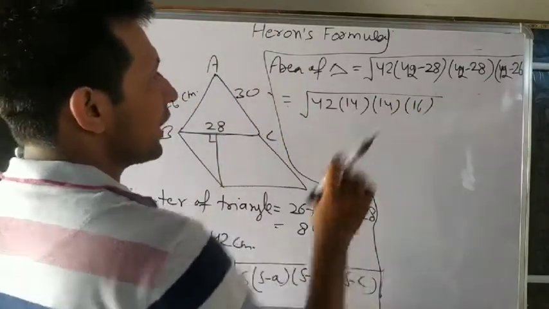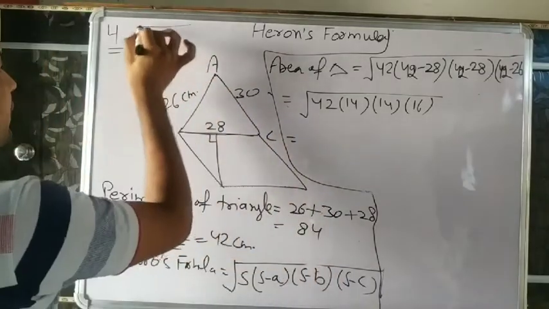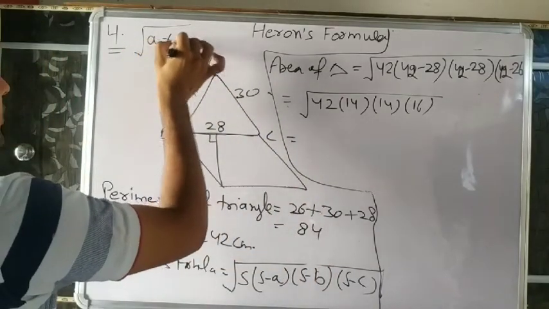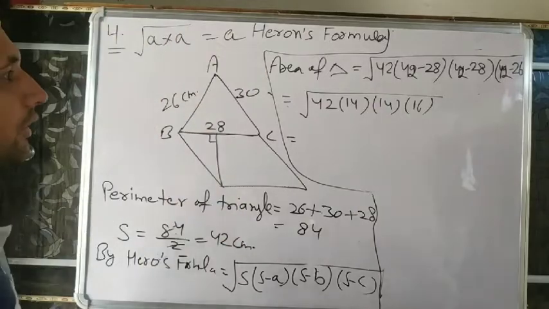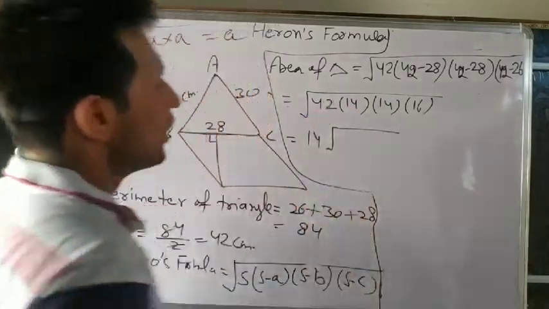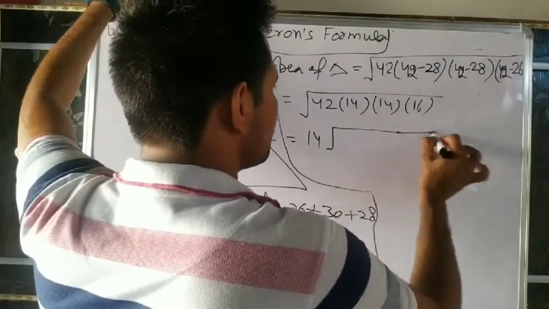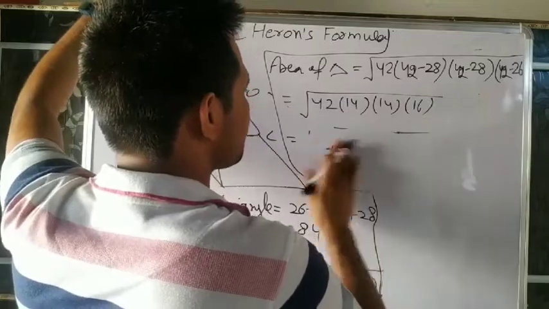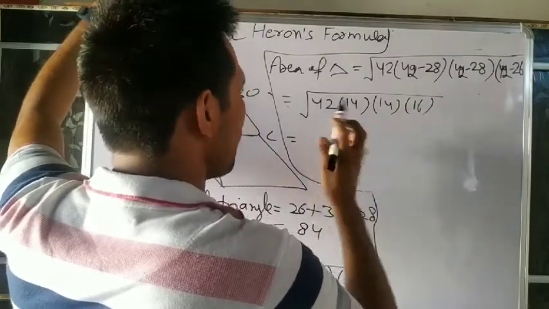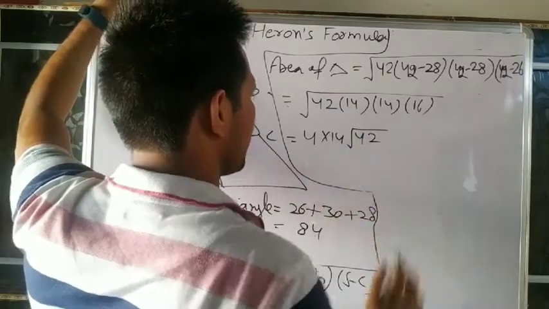Now the square root of 14 into 14 becomes, yes, under the root a into a is always a. So 14 into 14, 14 under the root. Yes, 42 and 16, we will write in pairs. Yes, 42. Square root of 16, 4. So 4 into 14 and under the root 14.